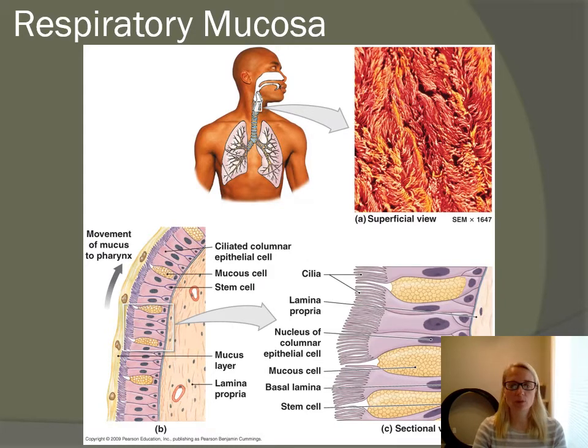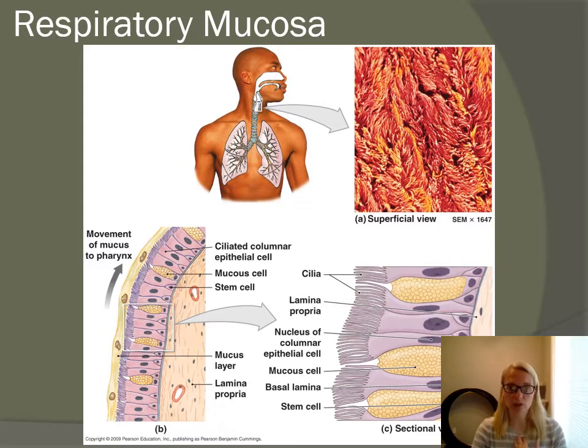In the respiratory mucosa, it's probably the most diverse of the epithelial components that you're going to find associated with this membrane. In your nasal cavity and in your trachea, we have that pseudostratified ciliated columnar epithelium. Again, refreshing from your 231 histology section, we also have stratified squamous epithelium in the oropharynx before it splits into the trachea and the esophagus.